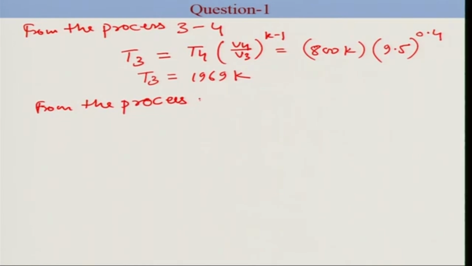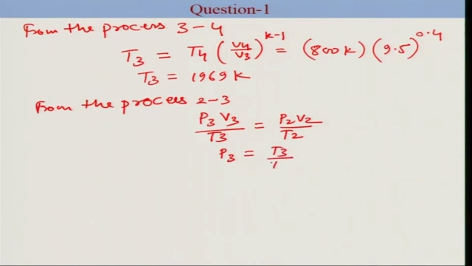Now, from the process 2 to 3, which is constant volume heat addition, from the ideal gas equation, P3 V3 upon T3 will be equal to P2 V2 upon T2. Since volume is the same, P3 will be T3 upon T2 times P2.